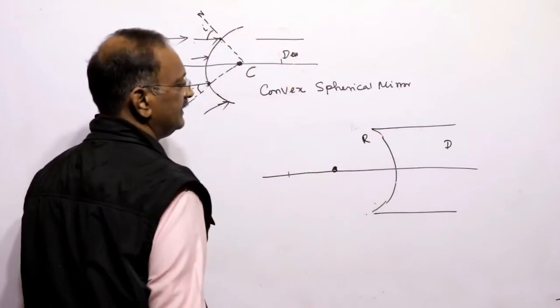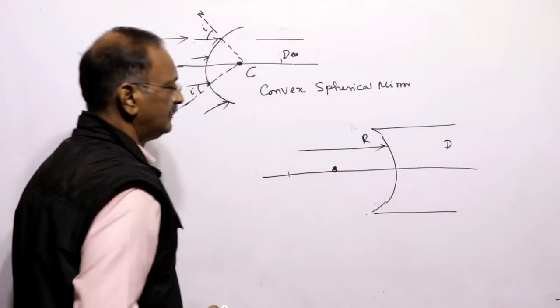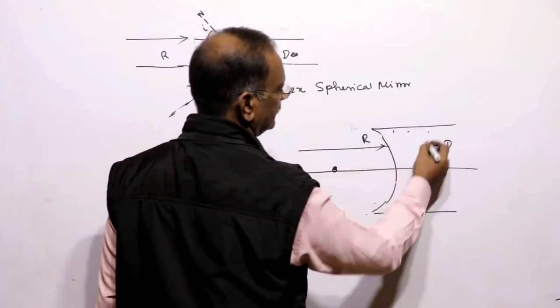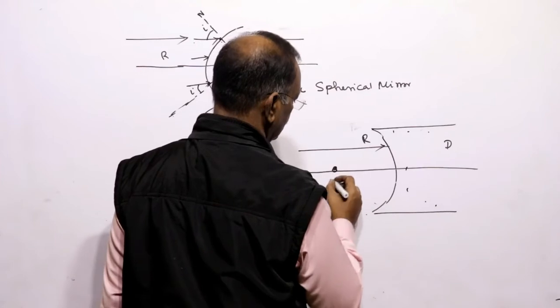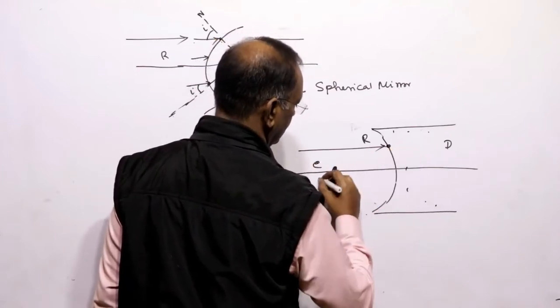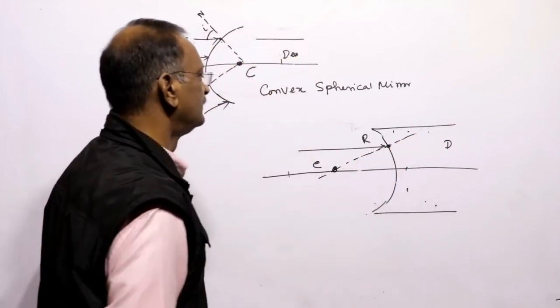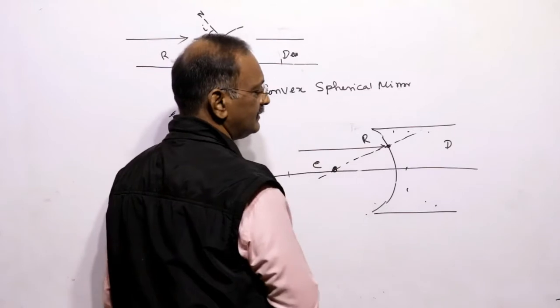Here is the center of curvature. If a ray strikes this point, this is the denser medium. From the center of curvature, at the point of incidence, draw the normal. That is the normal for this incident ray.